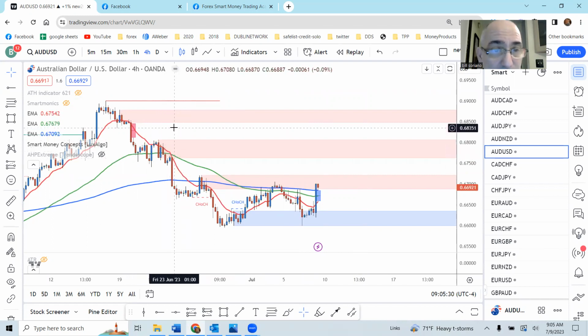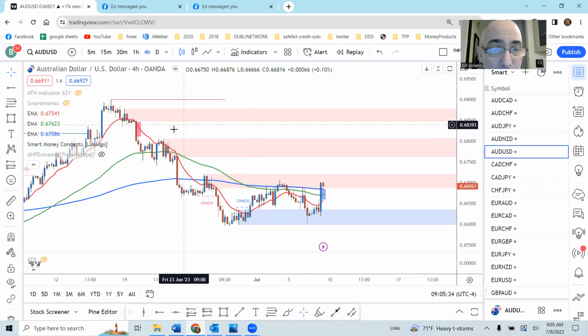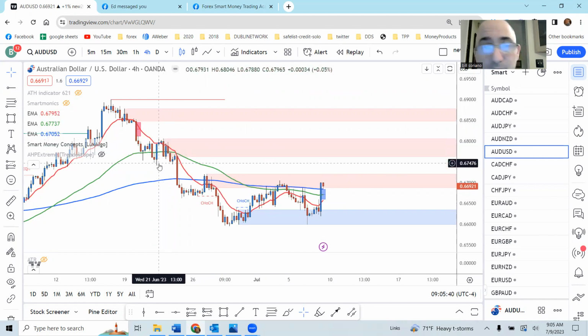Again, I don't like this order block. And I don't really like this order block up here as well, because I don't have an engulfing candle after the institutional candle. The institutional candle is very big. Okay. Well, actually, if we use this, okay, here we go right here.